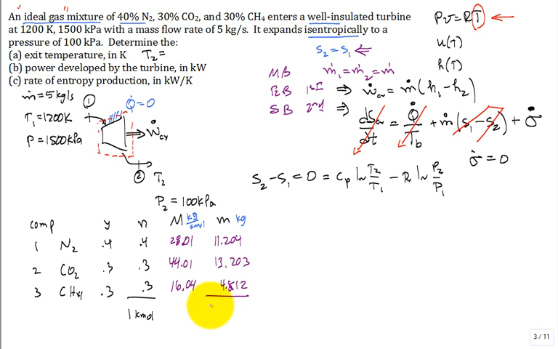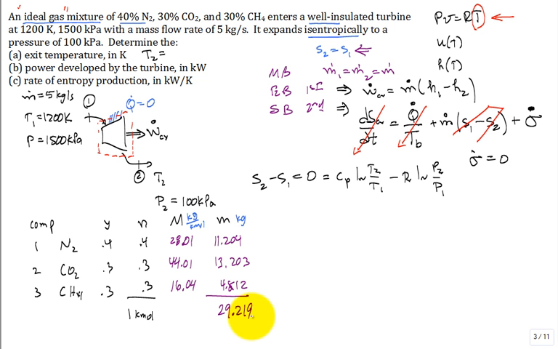So if I sum that up, I get the total mass of that mixture. That total mass is 29.219 kilograms.